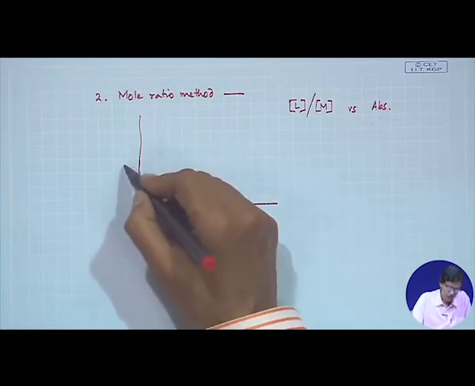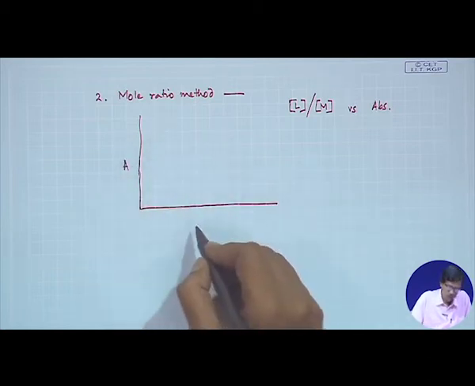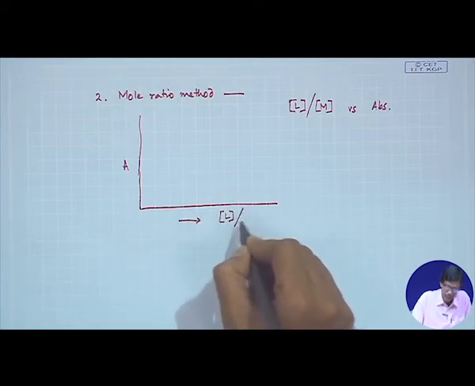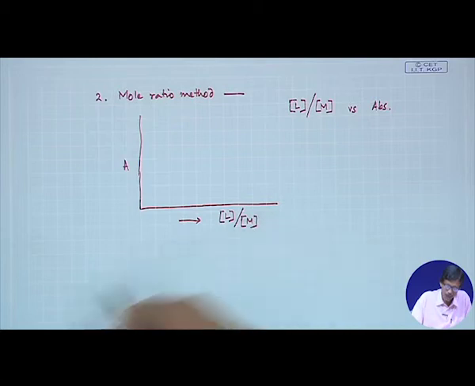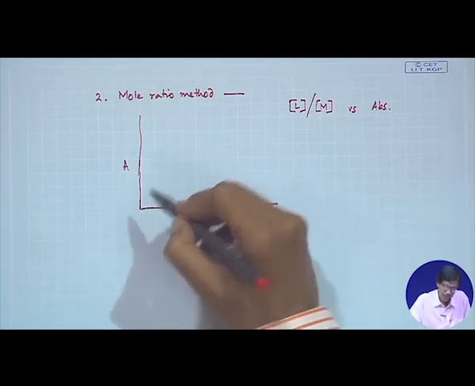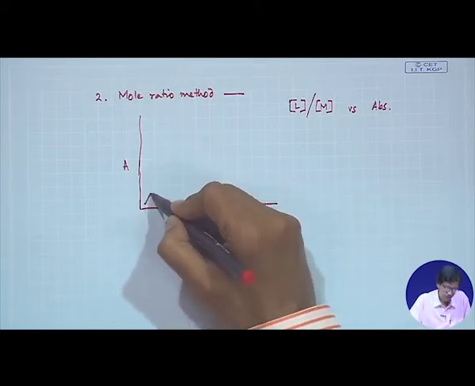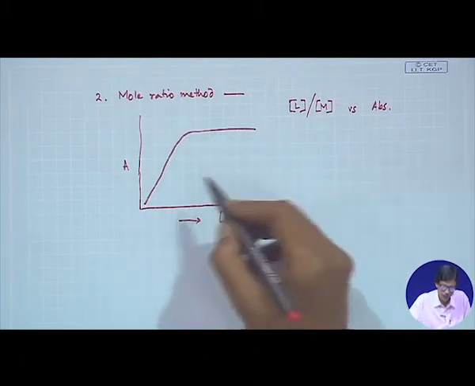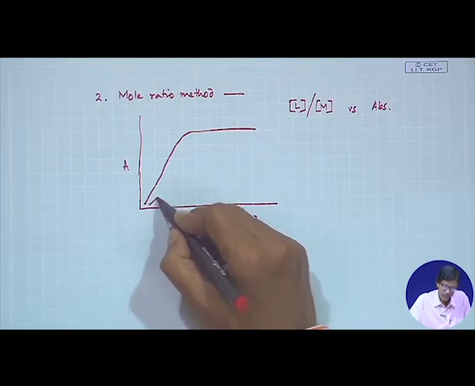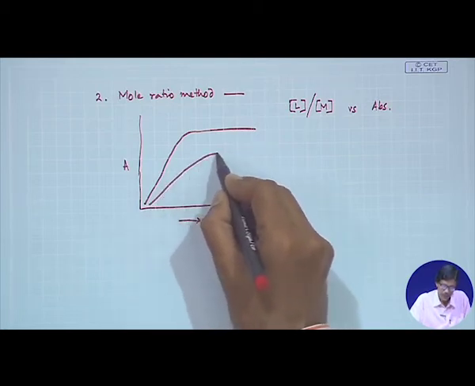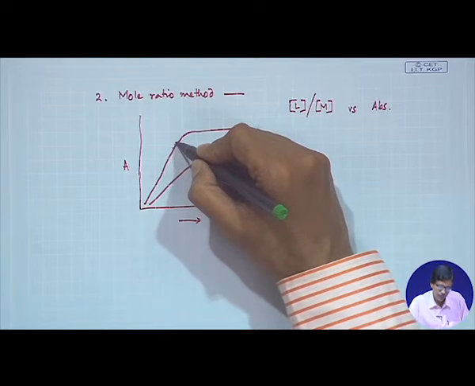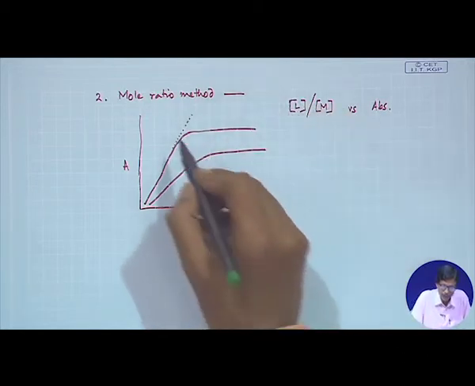So, these absorbances again we can plot against moles of L by moles of M. In one particular case we get a plot like this, and in another case it is something like this. These are the two cases of a specific example where we extend these two parts.